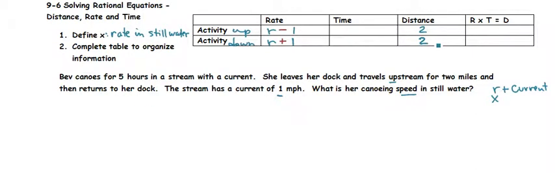Now, how to go forward then might be made clear. We realize that the time is given as a total, and so I need to revisit this formula and think about time in terms of distance being divided by rate.